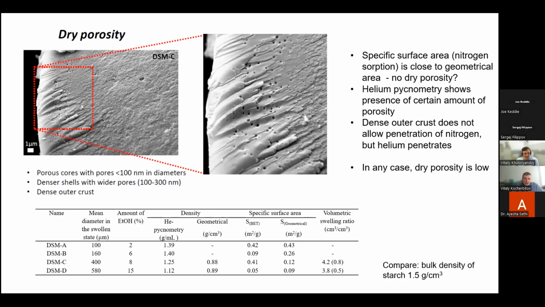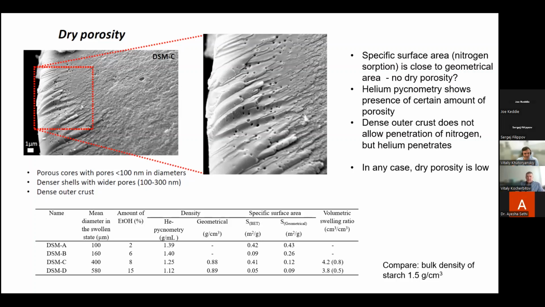We explain these results by the fact that they have a quite dense crust on the surface, which does not allow large molecules of nitrogen to penetrate through the surface. Those cavities you can see here are not accessible for nitrogen, but they can be accessible for helium.